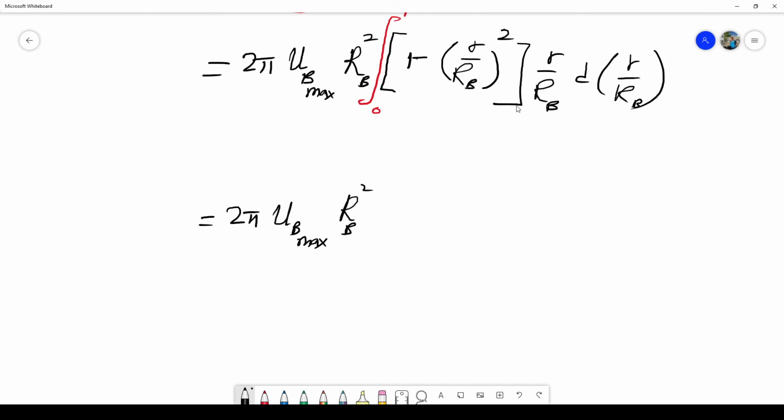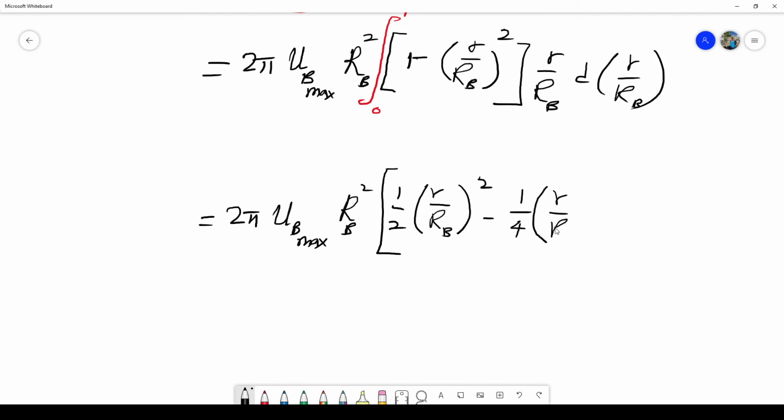After we integrate this from 0 to 1, you should get half of R over RB squared minus a quarter of R over RB to the power of 4, and then we evaluate this from 0 to 1.